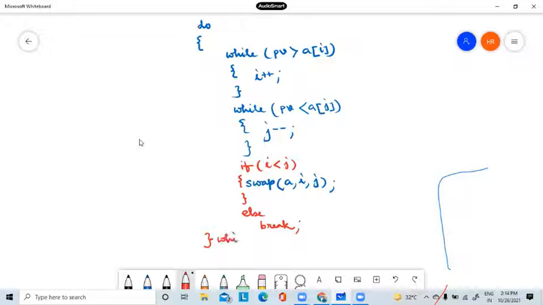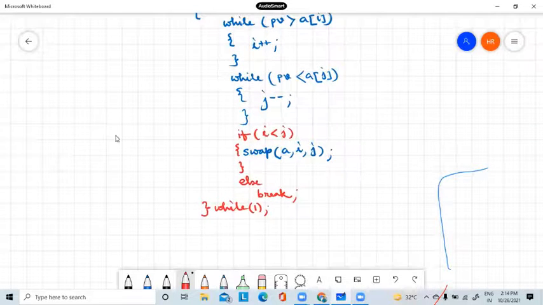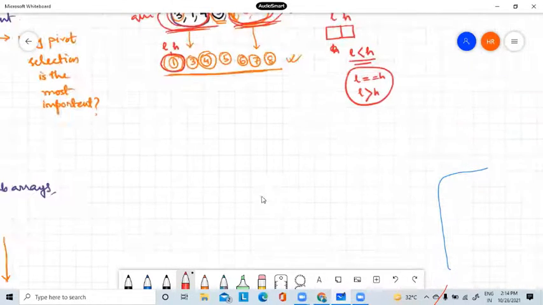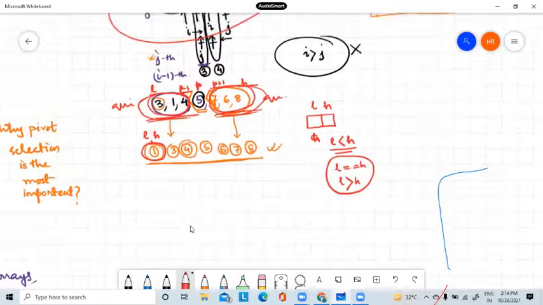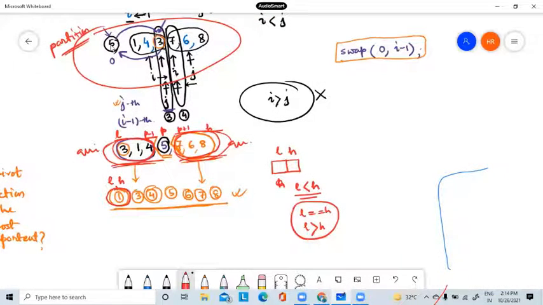So this is my loop. After doing all these things, what is the last thing that we have done in the example? We have interchanged the pivot with the i minus 1th element or jth element.